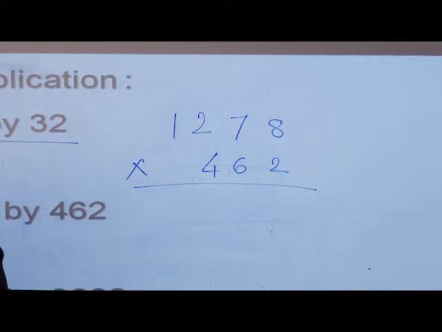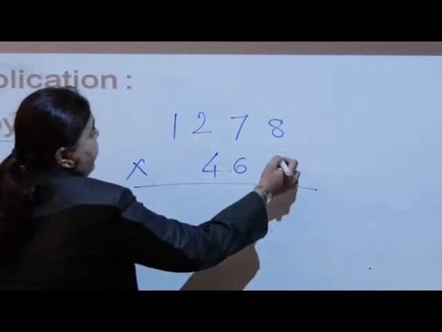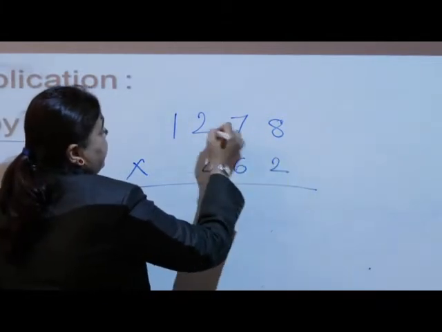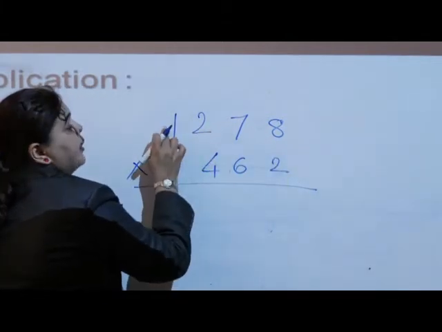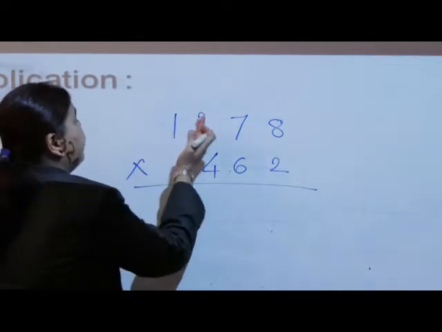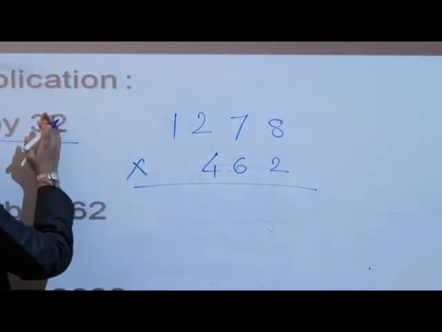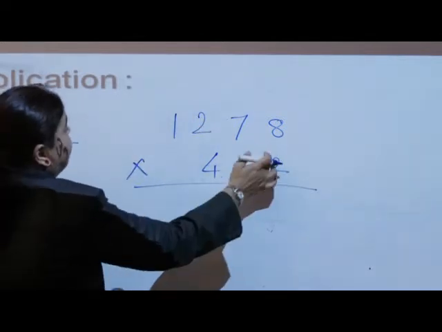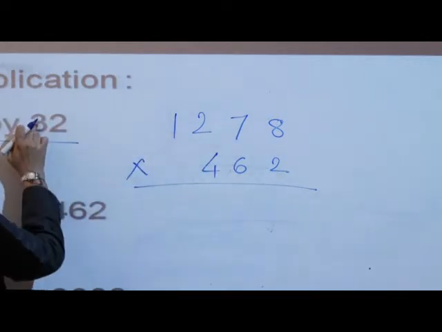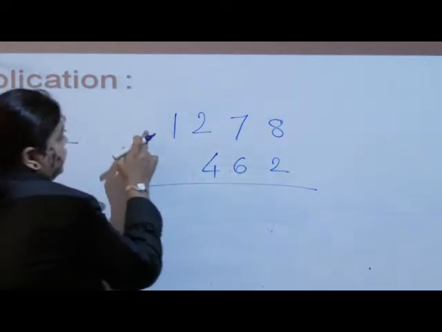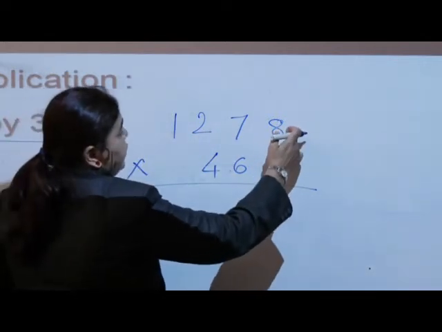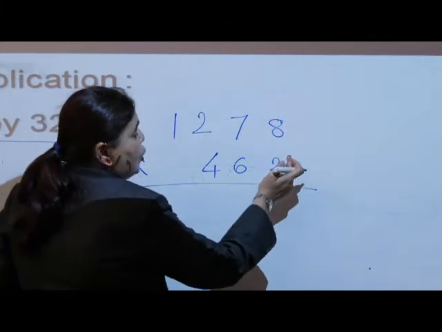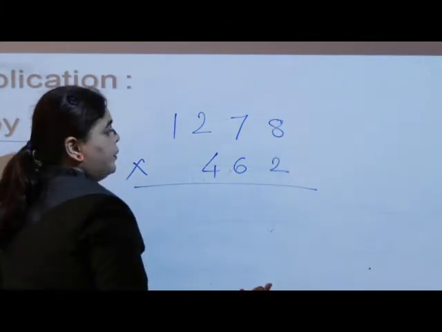Same we have to follow. First we will multiply the ones, tens, hundreds, and we have a thousand. If the number goes on increasing, we have to multiply each and every number we might have further.